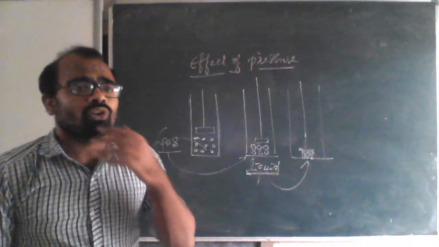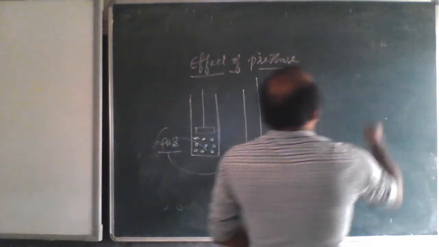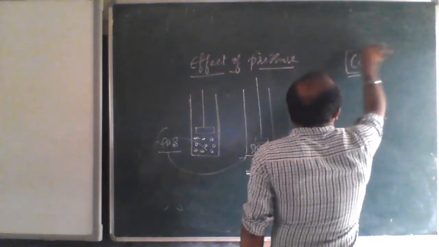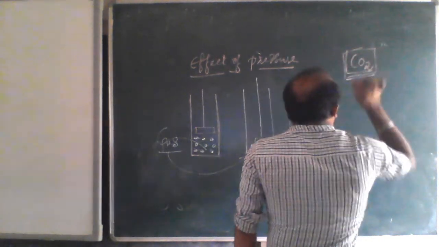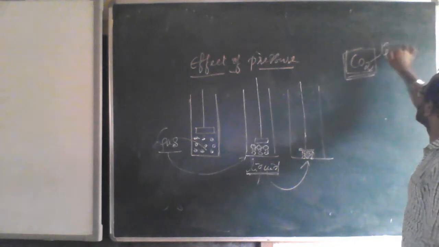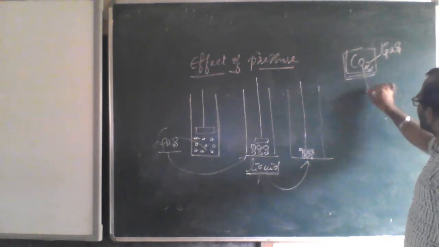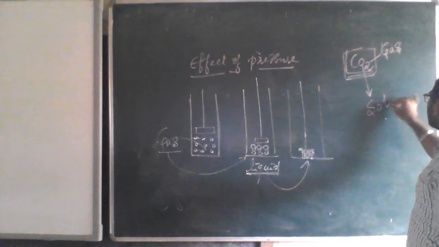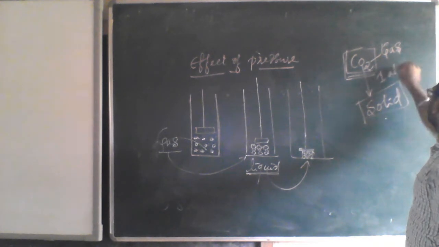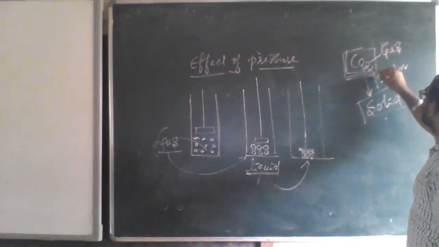If you have come across the word CO2, solid CO2 we can call. CO2 which is in gaseous state can directly convert into solid state by decreasing its pressure to 1 atmosphere.